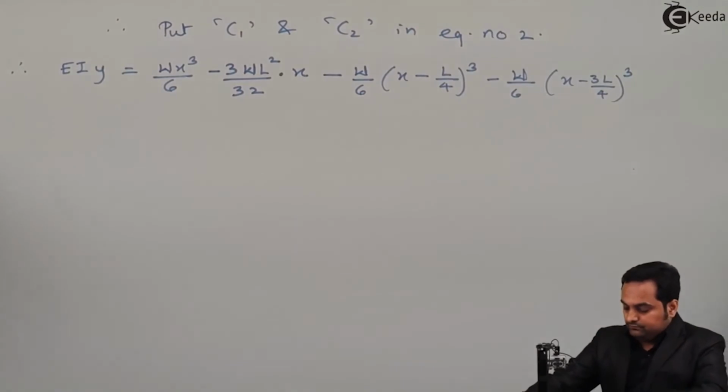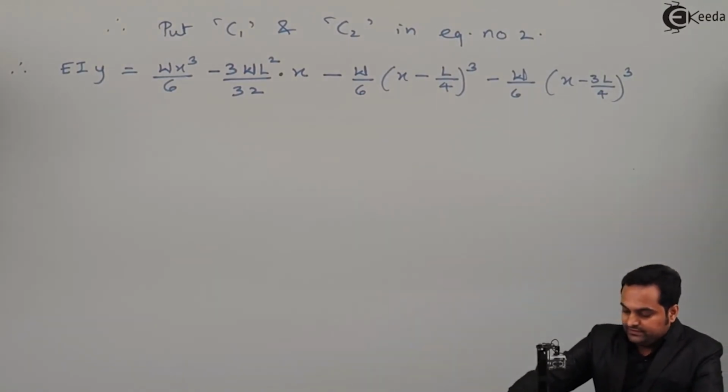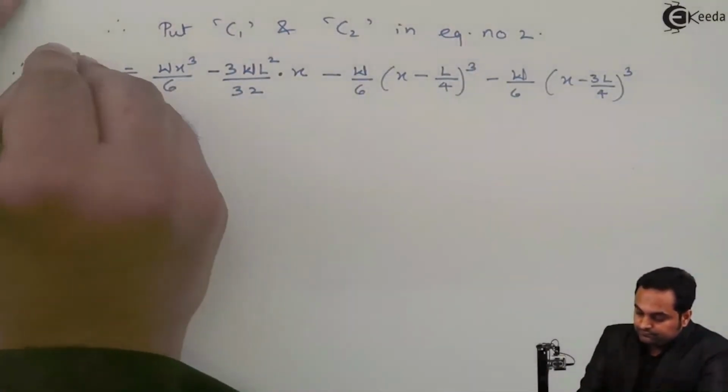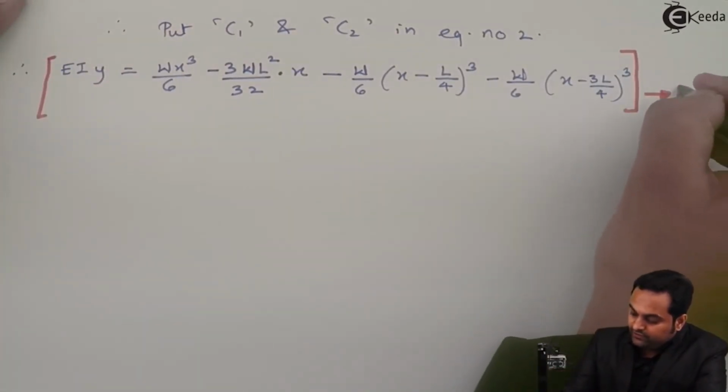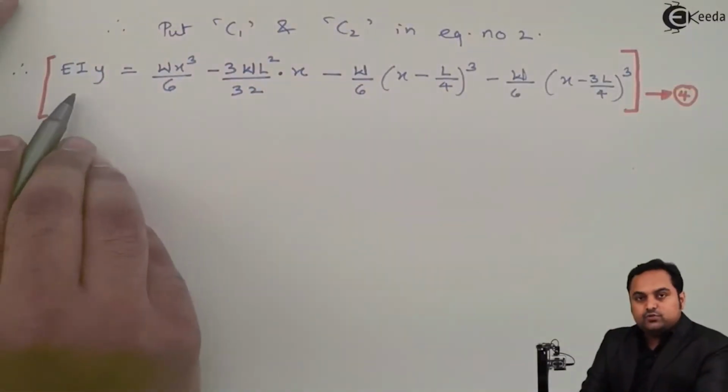Now, after this, I can say that equation number 4 gives us the deflection equation because there is y.